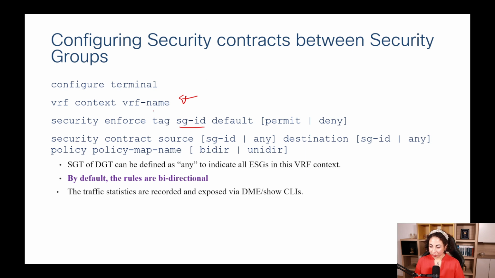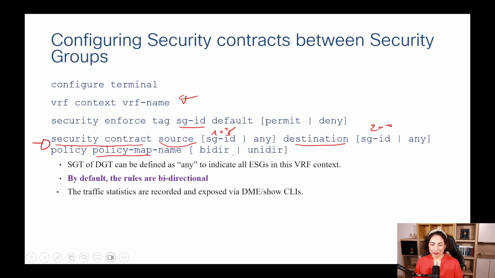So let me start with the second line, actually. This is where we are applying the contract. So we give the keyword security contract, then we position the source, we give the tag for the source security group, in our case it is 100, and the destination, in our case it is 200, and then we call the policy map that we have just created.